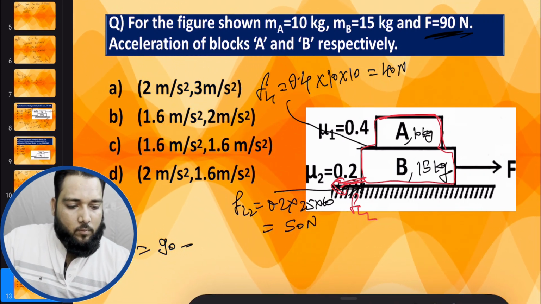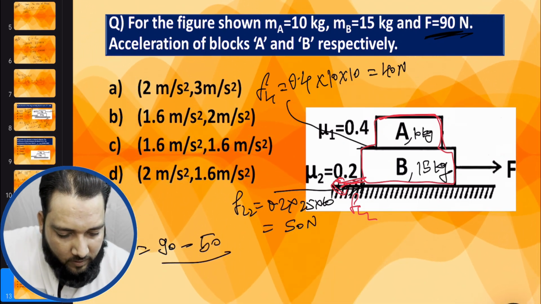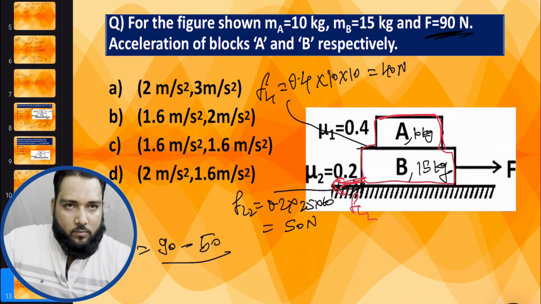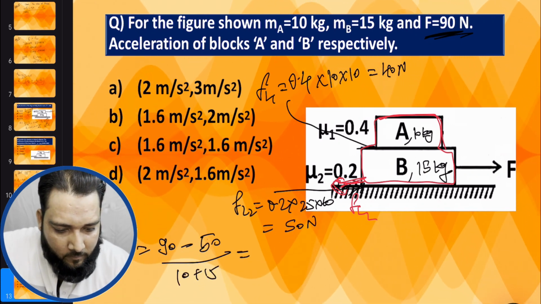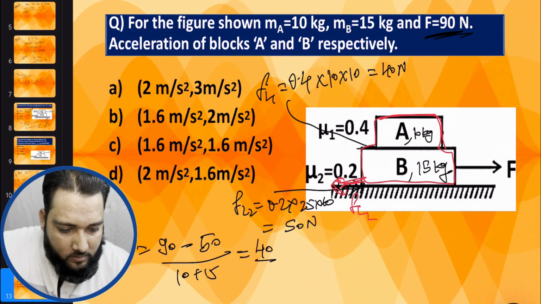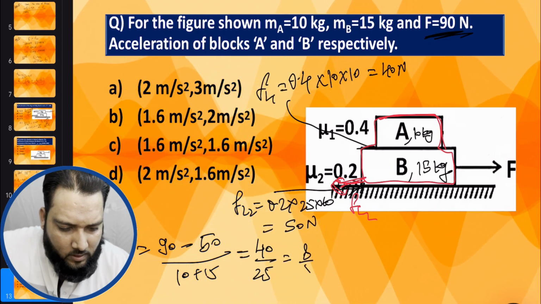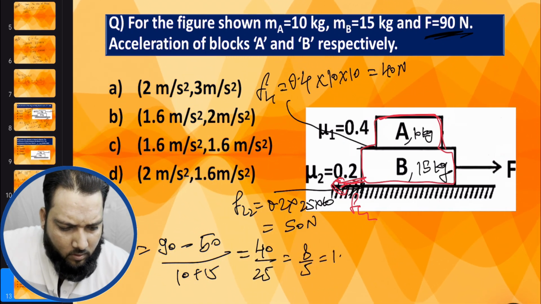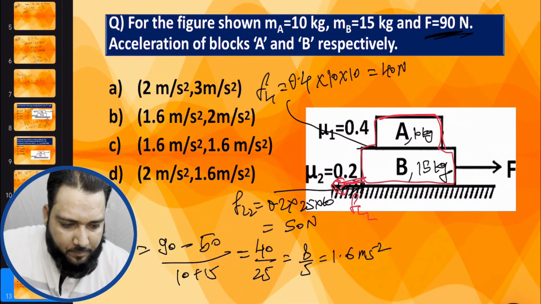Otherwise, both the blocks will not move together. So this will be F minus FL2, 90 minus 50, divided by total mass, 10 plus 15, that is 25. So 90 minus 50 is 40 divided by 25. So this is 8 by 5, or 1.6 meter per second square.